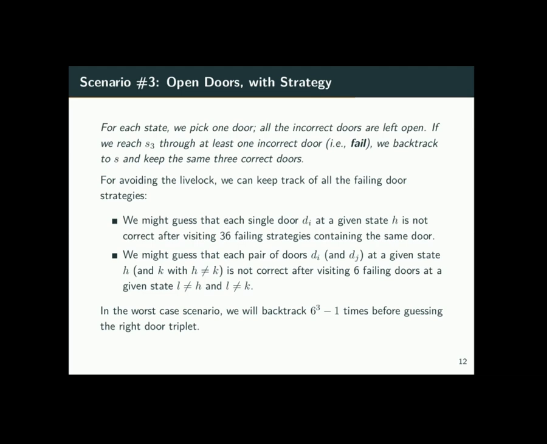The idea is we're always keeping the same 3 correct doors, but I need to backtrack. And so I might win the game if I have, intelligently enough, a notion of memory. If I'm remembering that a given combination doesn't lead to an acceptance state, I might rule that out, and potentially I know that these 3 doors altogether are not leading to an acceptance state.